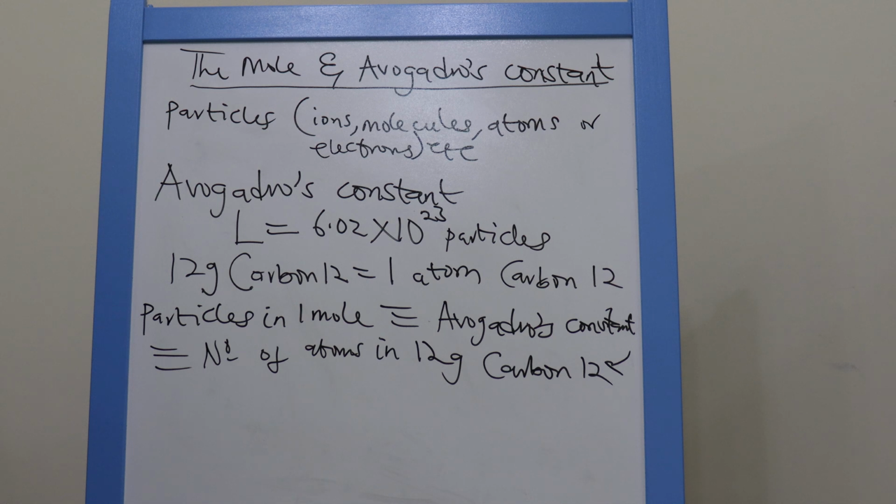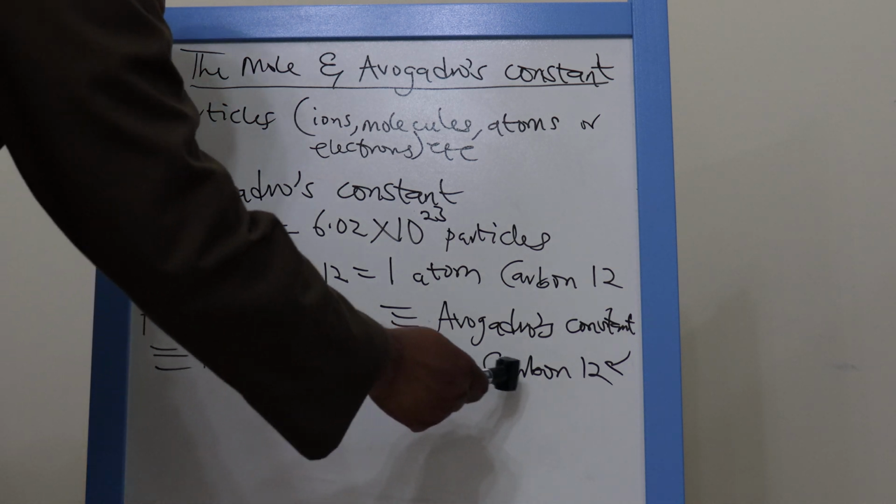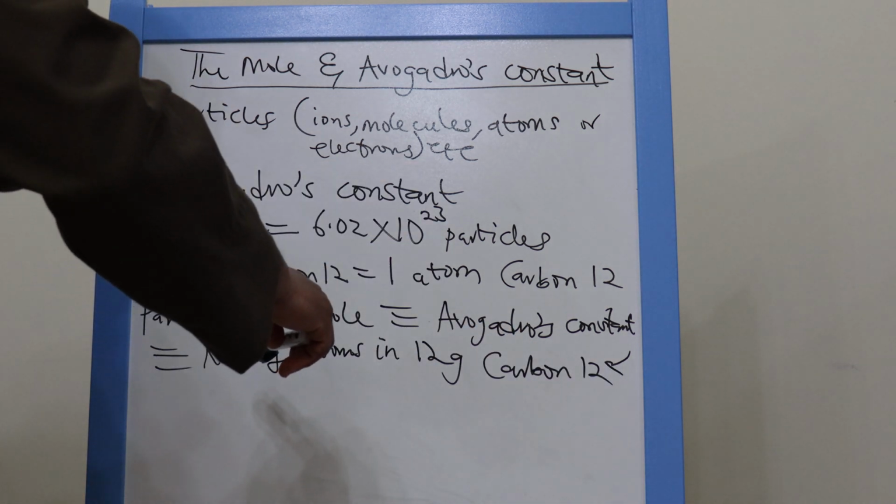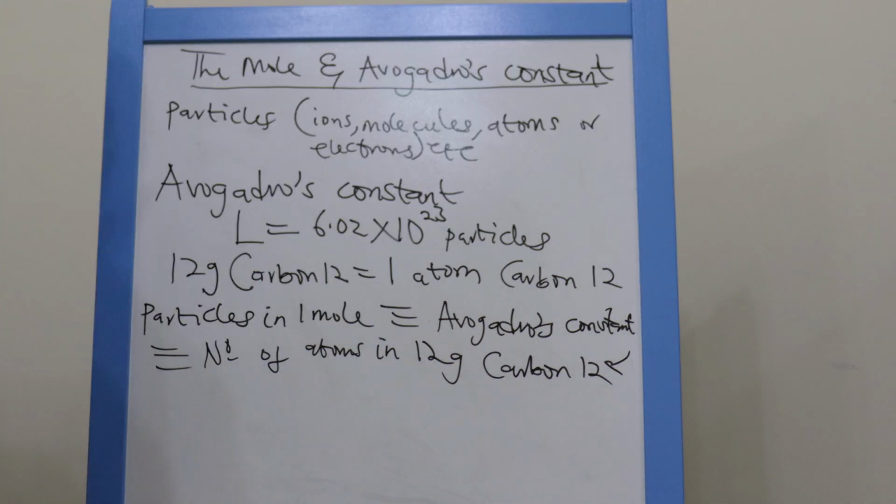Hence the number of atoms in 12 grams of carbon 12, as I told you already, is 6.02 times 10 to the exponent 23.